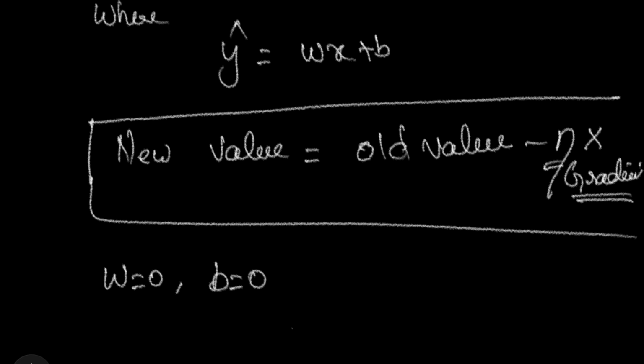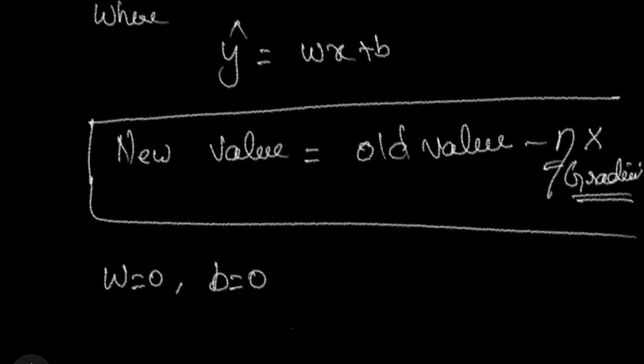Fifth, update the parameters. Sixth, repeat these steps until the error is minimized. The main target is to minimize the error and increase the accuracy of the classification or prediction. And now the question is, why is it used?